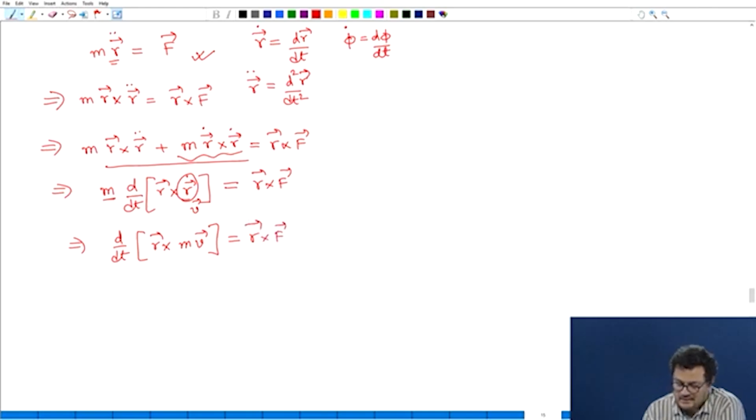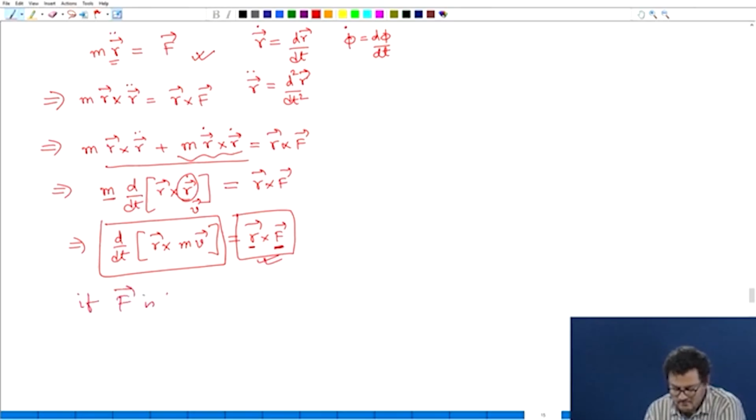So, you see, let us say your f is not 0, but f is somehow parallel to the r vector. Then r cross f is 0, and then you have a new conserved quantity. So, if f is parallel to r, then r cross f is 0 and your r cross mv is a constant of motion.